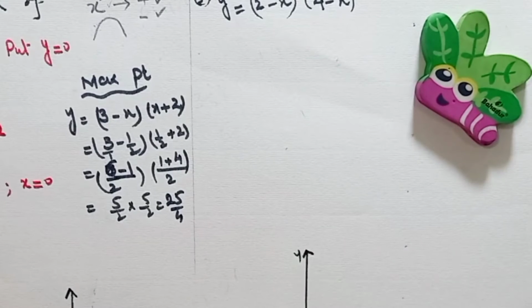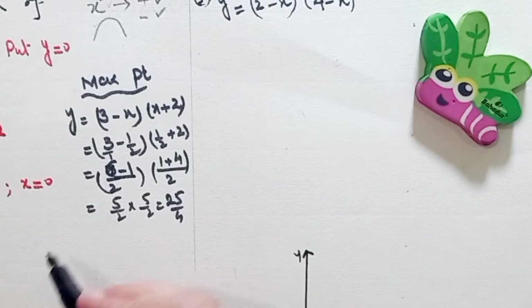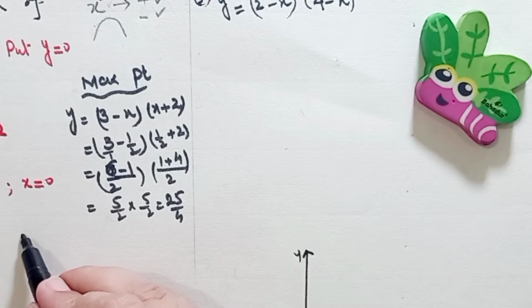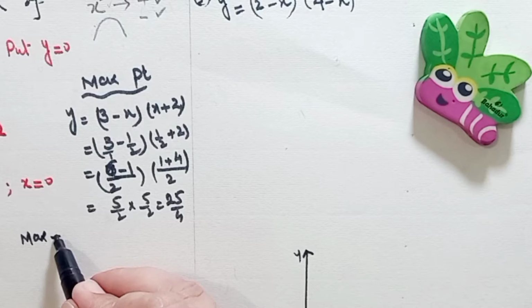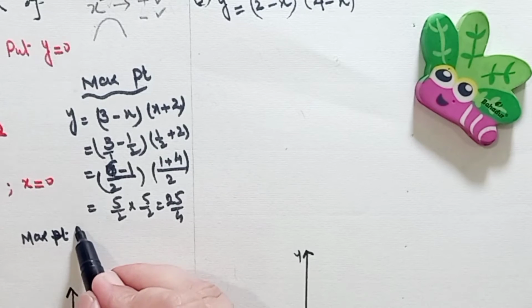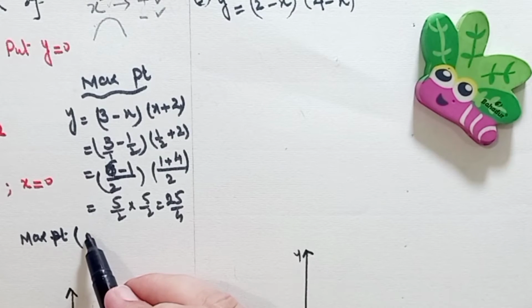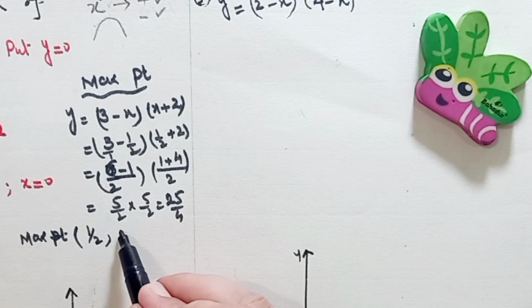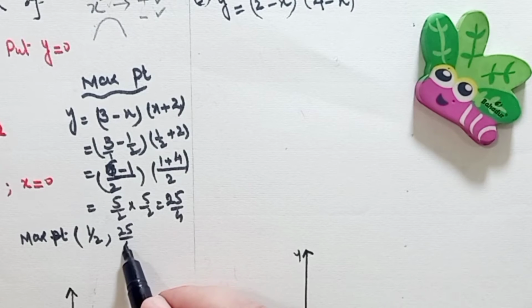Dividing here, 4 6s are 24, 6 whole 1 by 4. So the maximum point will be x value is 1 by 2 and y value is 25 by 4.